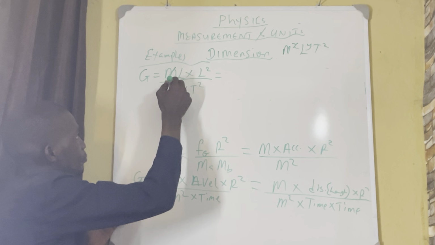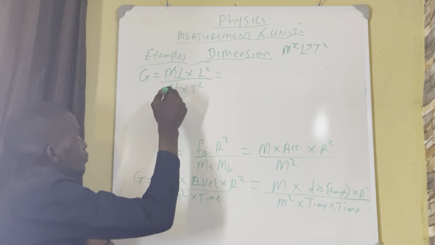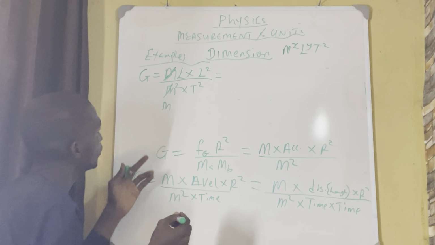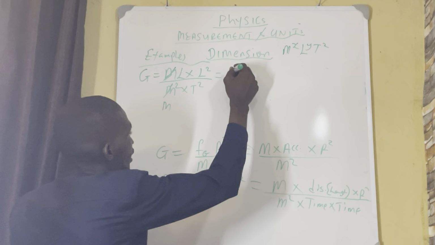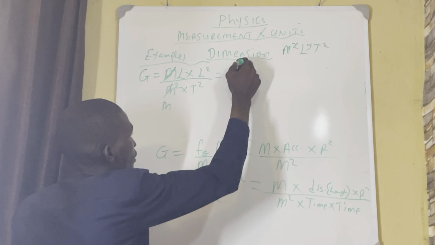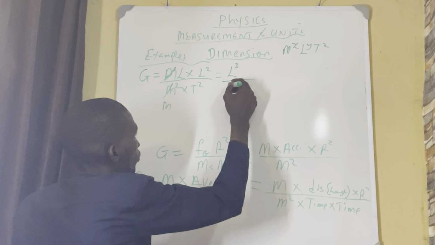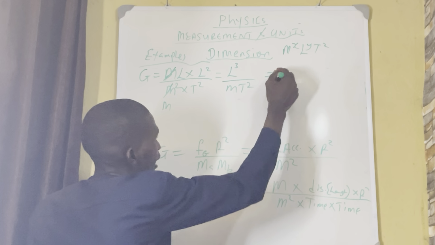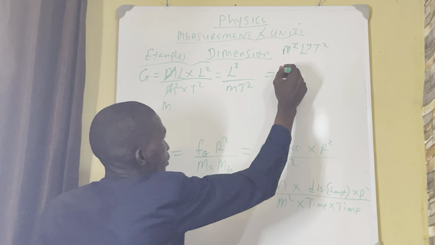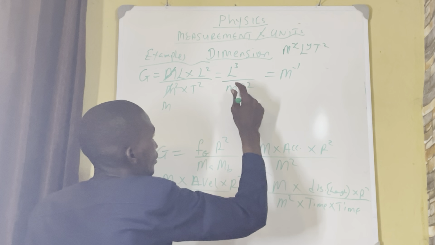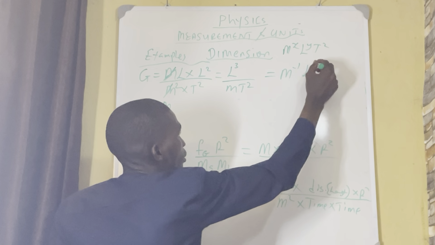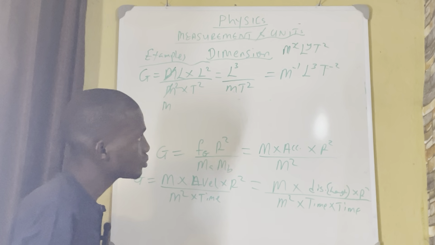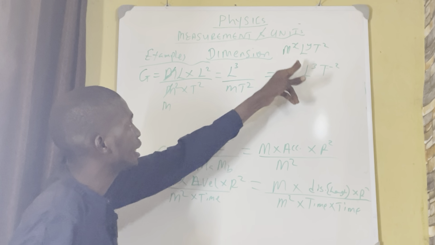So now as we have gotten this, let's check m. We cancel 1m. We have 1m. Nothing we cancel again. So what we have here is L cube all over m t square. Do you understand? So now we are going to express it as, this is m minus 1, L is what? Cube. This is 2, T minus 2. You understand? So our x now is minus 1.